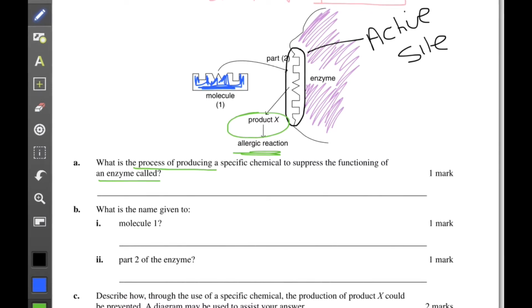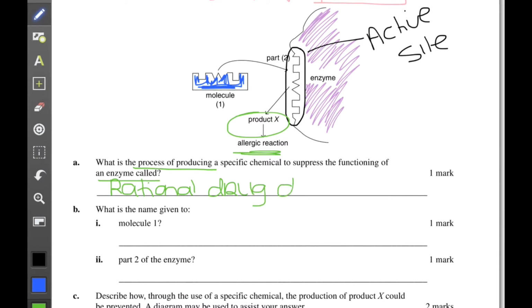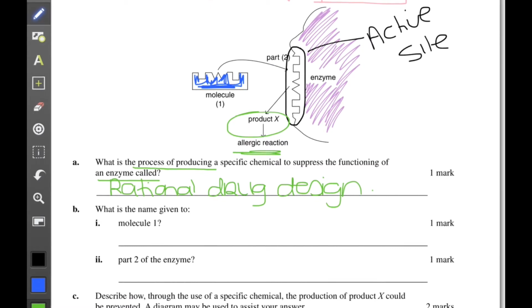This is called rational drug design. Rational drug design is when they look at the structure of either the enzyme or the molecule and inhibit its function by creating a molecule that's complementary to its site, which we'll go through now.